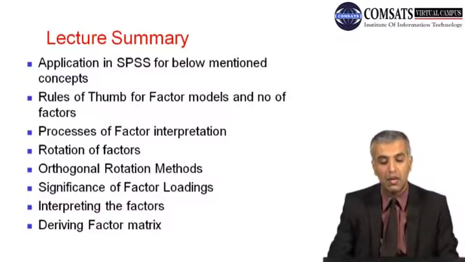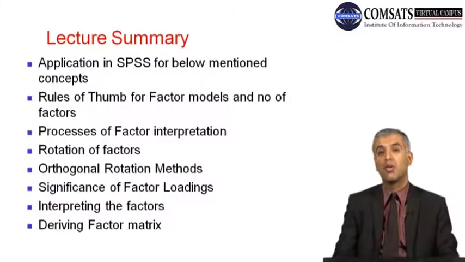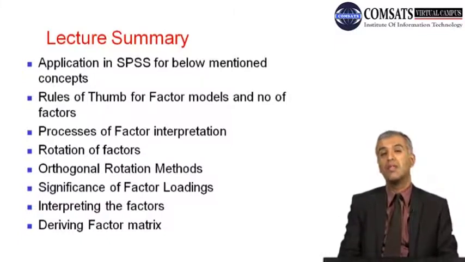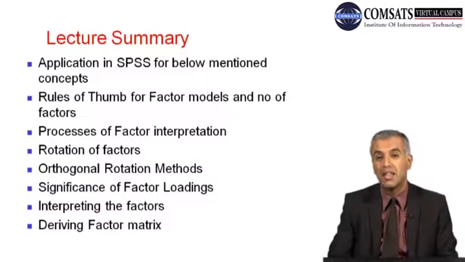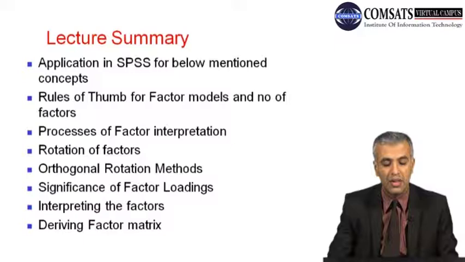Likewise, how we can interpret the factor loadings and the communalities which have been displayed. We discussed in detail the concept of the anti-image covariance matrix, its application, and how we can see the various options through which we can ensure that these values fulfill the criteria.